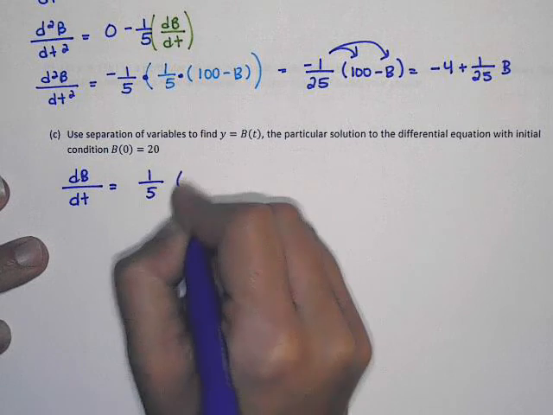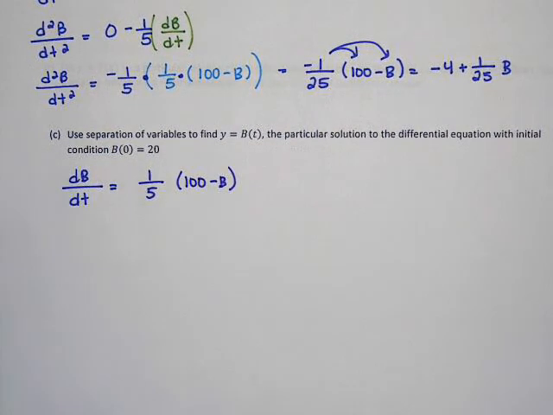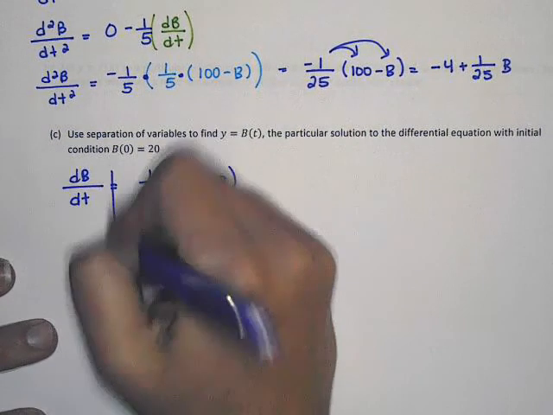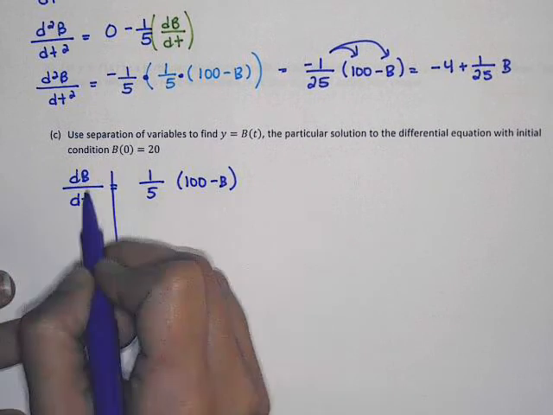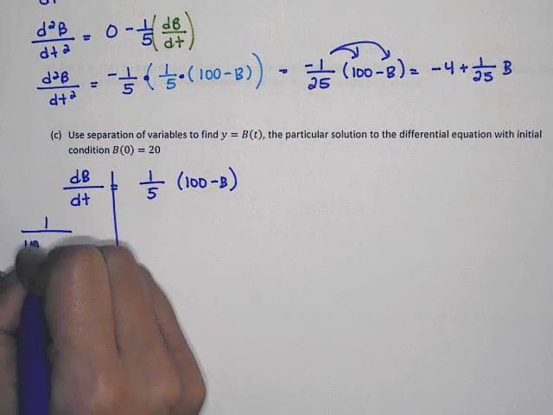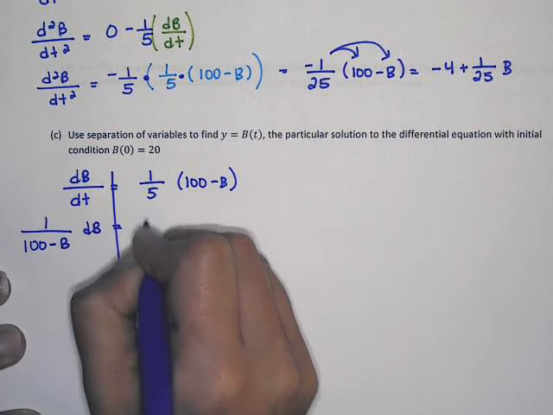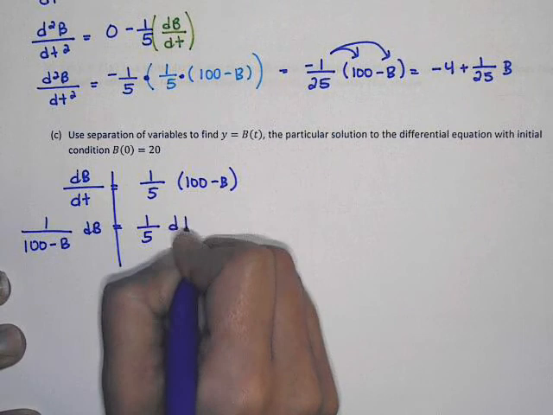So just like I would have to separate the variables if there was a y and an x, I'm going to have to separate the variables if there's a b and a t. So to do that, I'm going to divide by the 100 minus b, and I'm going to multiply by the dt. So I'm going to have 1 over 100 minus b db equals 1/5 dt.